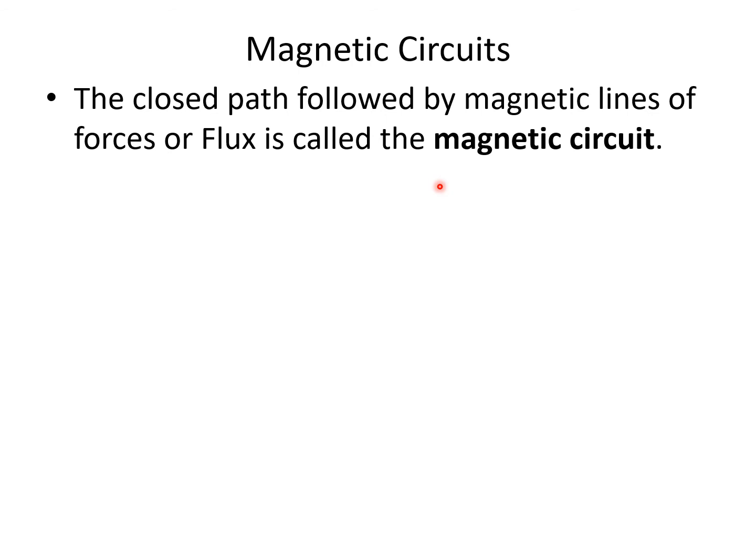Now what is this in a magnetic circuit? The closed path followed by magnetic lines of force or flux. What are magnetic lines? They are nothing but the flux. It is called a magnetic circuit. Here we are taking one.